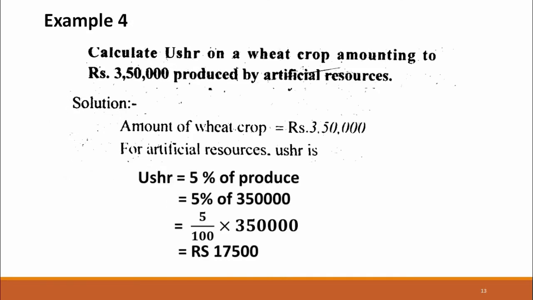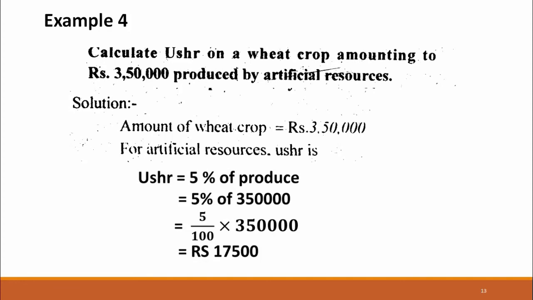Now the next problem: to calculate Ushr on a wheat crop amounting to 3,50,000 rupees produced by artificial resources. The previous example and this example are very simple and the same, but the total amount is changed.